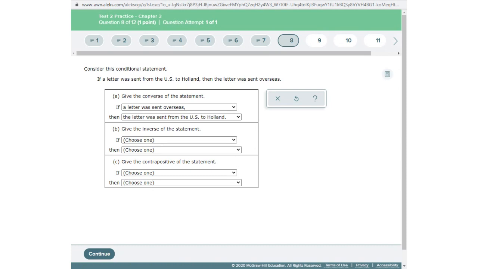And then the contrapositive is where you do both. You essentially take the converse up here and then you inverse them. So not sent overseas, then not sent from USA to Holland. That's the four basic ones, okay? Questions?